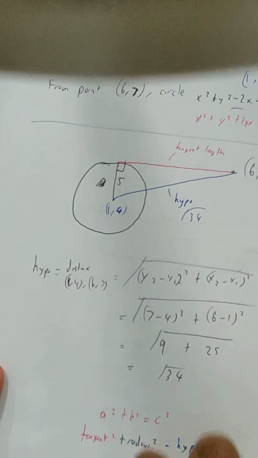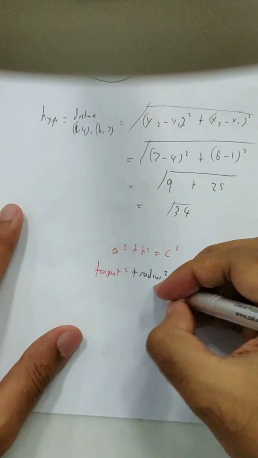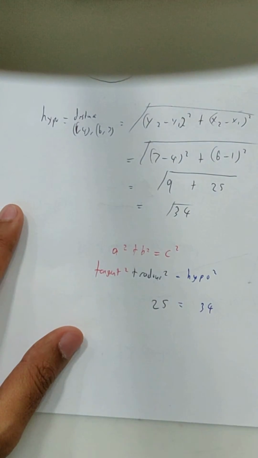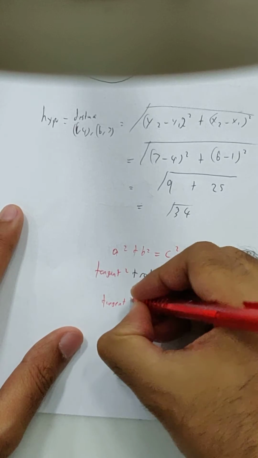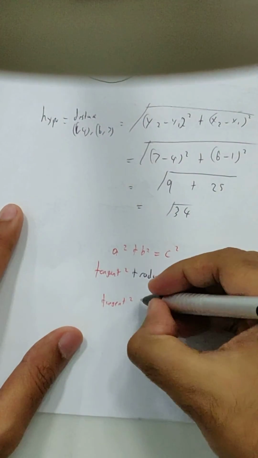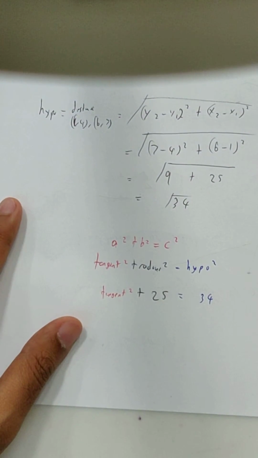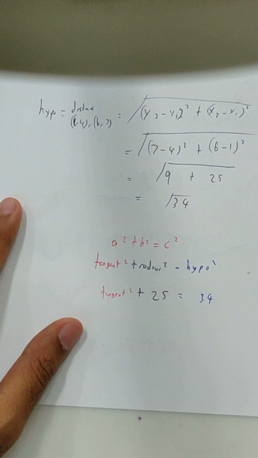My radius is 5, becomes 25. So which leaves us our tangent squared only. 34 minus 25 is 9.